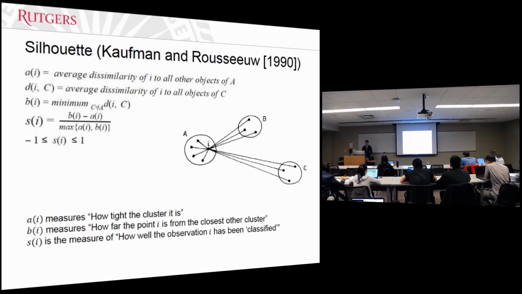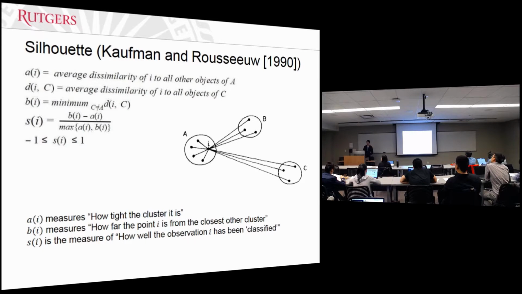And after that, we also need to calculate how far away on average i is from other observations in the other clusters. And then we choose the minimum one as another measure, b(i). And then we simply use the formula to calculate the silhouette value of our observation.